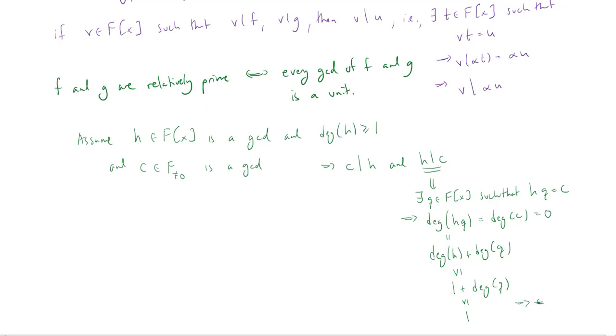So if you have a non-unit GCD, then you cannot also have a unit GCD. So relative primeness for polynomials is equivalent to their GCD being a unit. This is again working over F[x], and a unit in F[x] just means a non-zero element of F. So if and only if every non-zero element of F is a GCD of f and g.